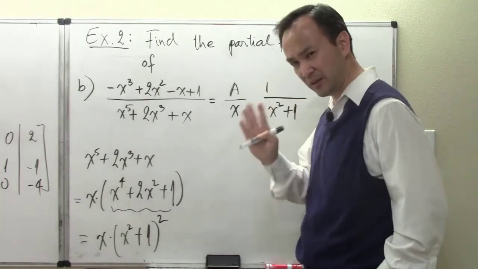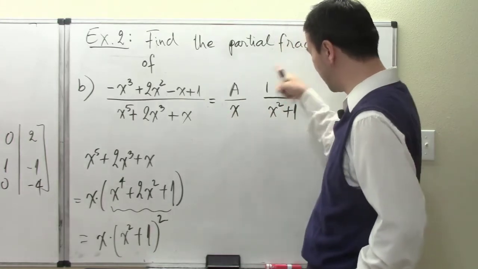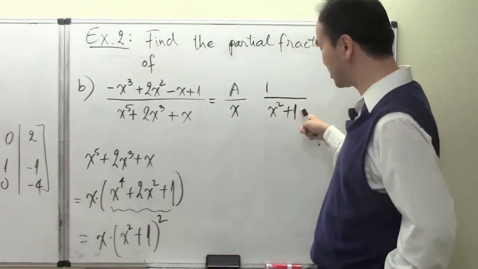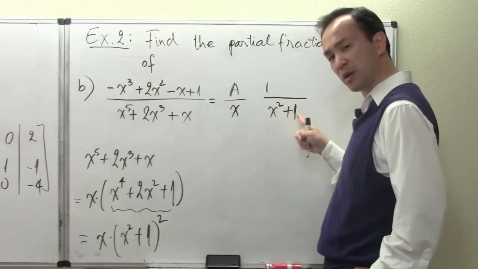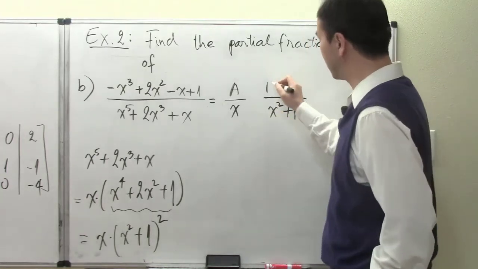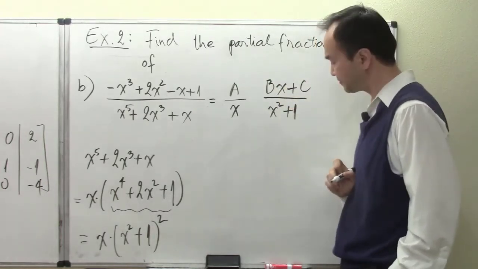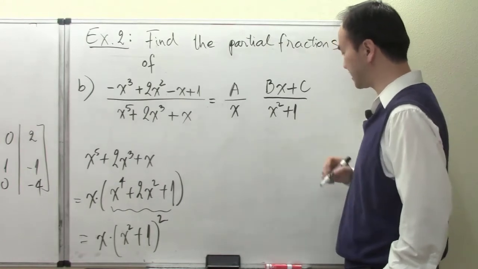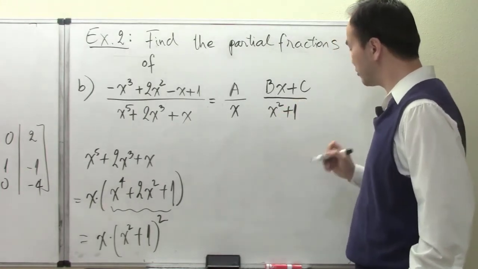So it's very similar to what we have done earlier in case with the repeated power. I need one term for the x squared plus 1 irreducible without the power. So here just x squared plus 1, but without the power. And then on top of that, I have to put a linear. So we always have to put a linear on top of any irreducible quadratic factor.